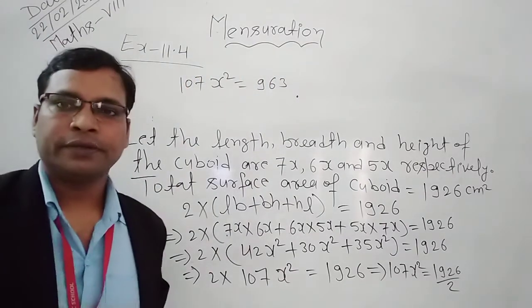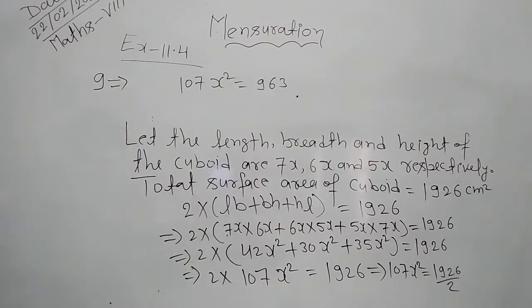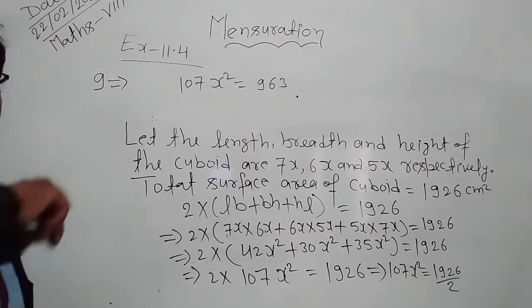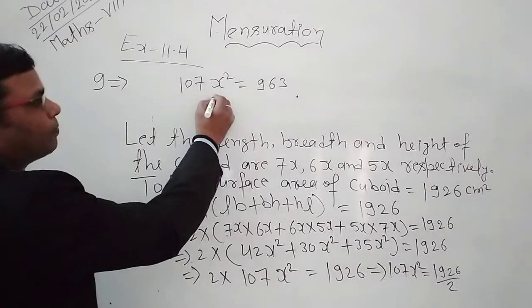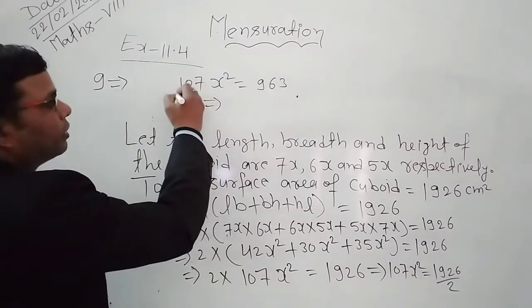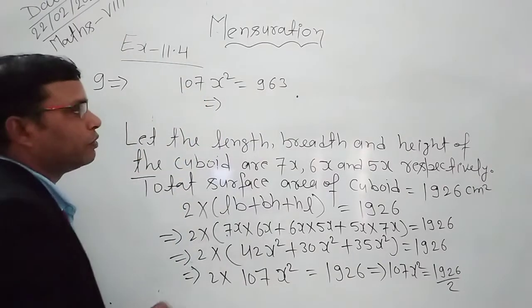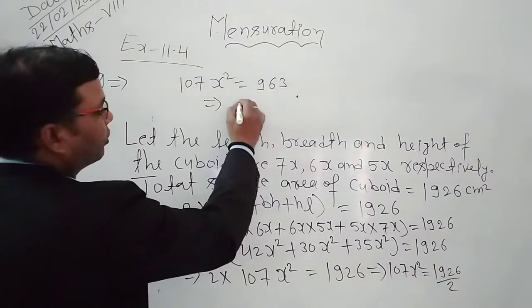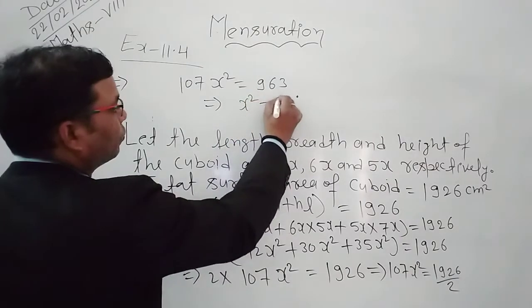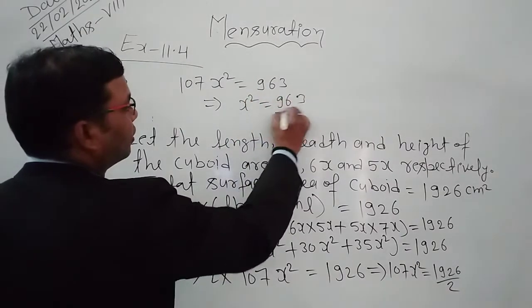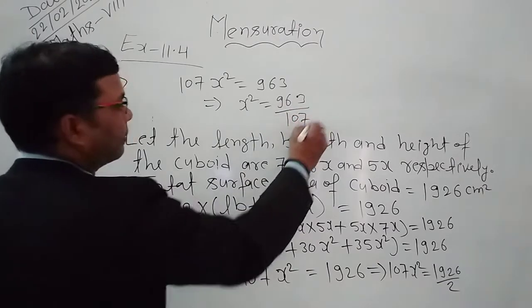So student, transposing this 107 to the right hand side, you get x square is equal to 963 by 107.